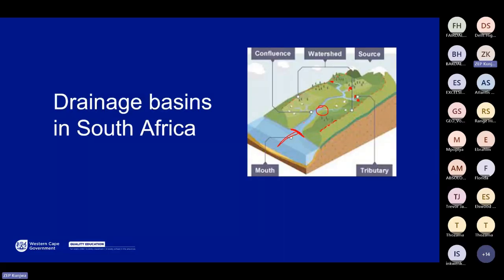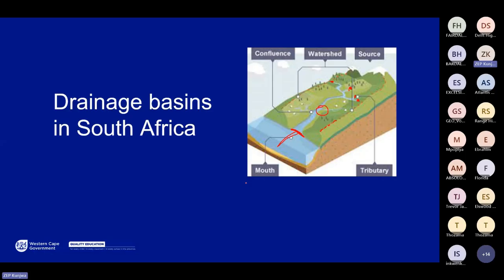If it's a permanent river, it's going to be a thick blue line on the map, and the tributaries are going to be the smaller lines which are joining. Most of the time, they are going to be dotted lines because most of the tributaries are not flowing when it's not raining. That is why the tributaries are shown like that on the map. So that is your whole area, the drainage basin.